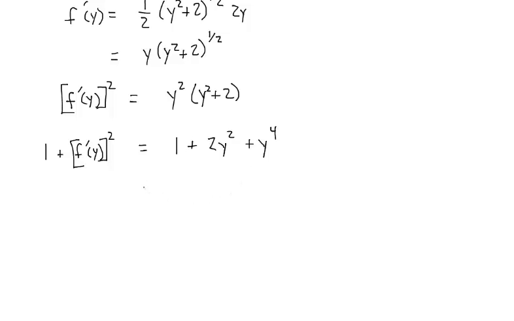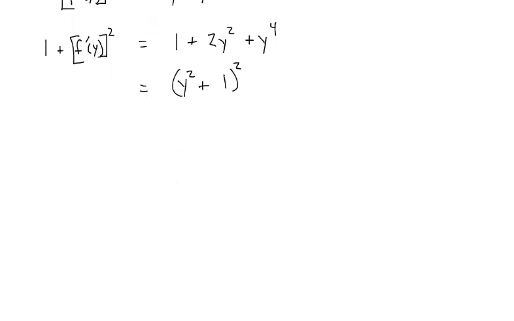And now I'm going to try and write this as a perfect square. So I have y squared plus 1 squared. And now I'm going to write everything into the formula.